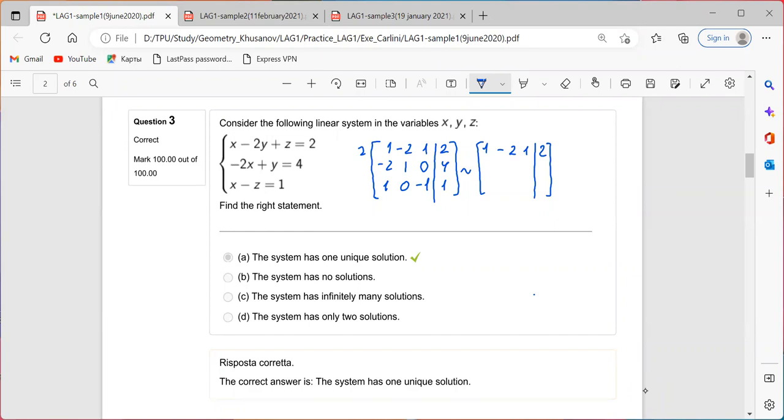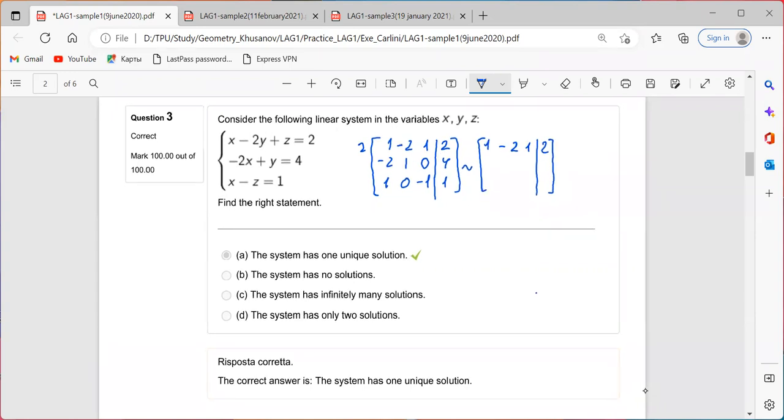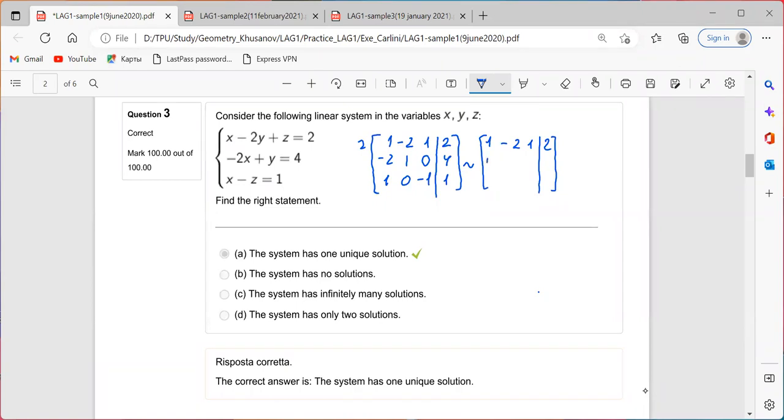All elements of the first row we have to multiply by 2 correspondingly and add to the corresponding elements of the second row. 2 by 1, 2, and minus 1, it will be 0. 2 by minus 2, minus 4, and plus 1, minus 3. Okay. Then 2 by 1 and 0, it will be 2. Then 2 by 2, it will be 4, plus 4, it will be 8.